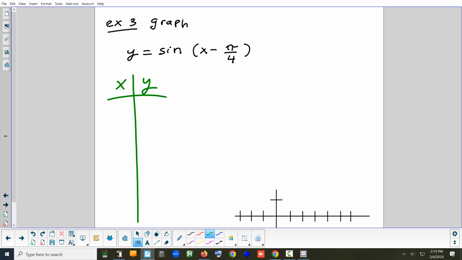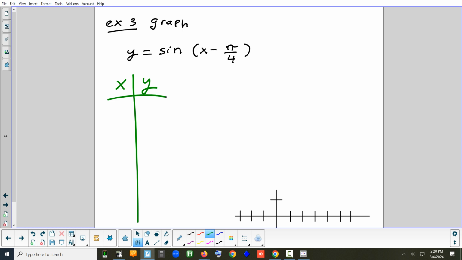So first thing, how do you know what kind of transformation it is? Because it's the sign inside the parentheses. What are you doing inside the parentheses? Subtracting. Yep. Anytime you're adding or subtracting, that's always a shift. And if it's inside parentheses, it's horizontal. So this is a phase shift.